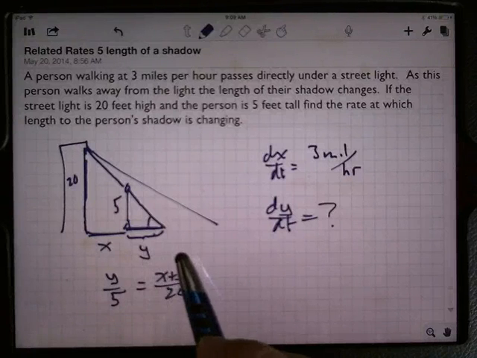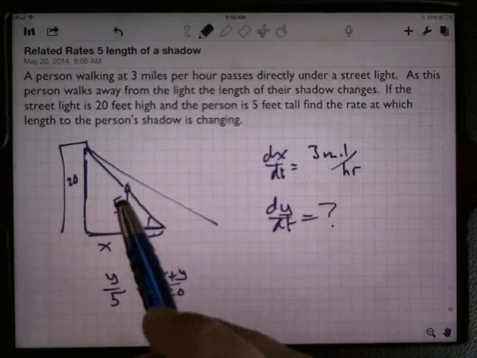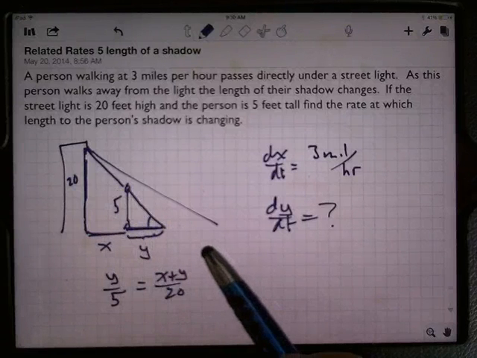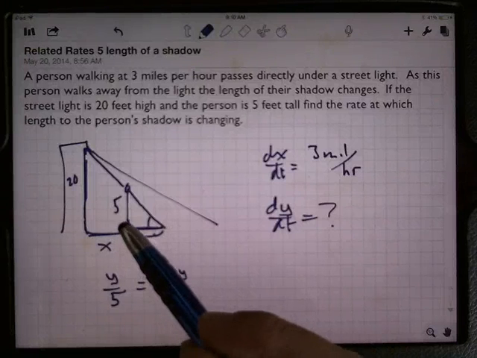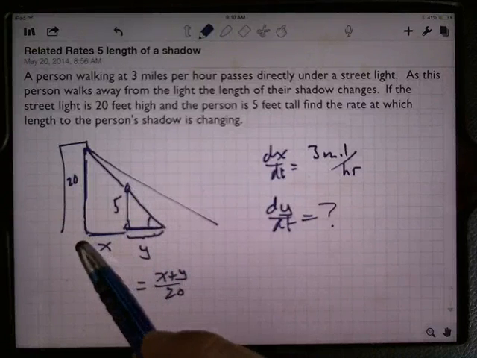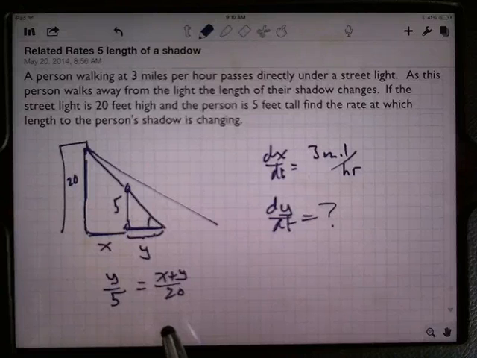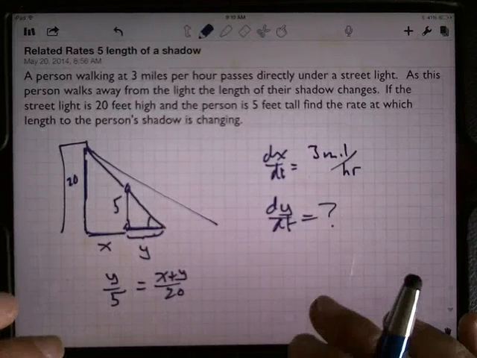I thought of that in terms of trig, but some people just say, I've got similar triangles, ratios of corresponding sides are equal, so horizontal side to vertical side is the same in both. But anyway, what I have now is a relationship between x and y.